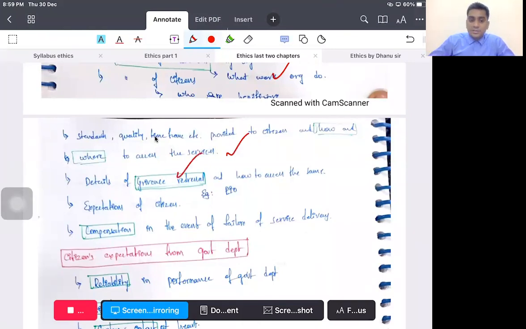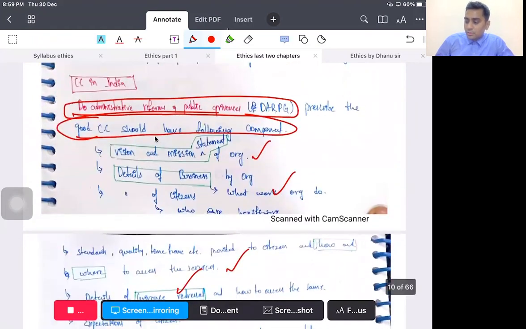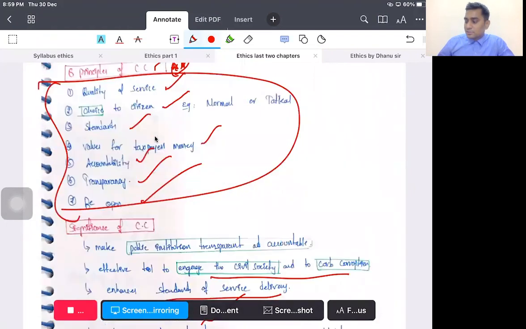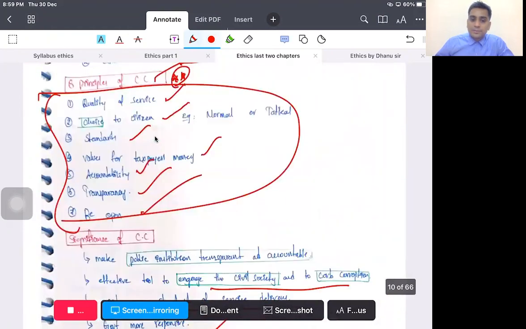Details of grievance redressal. Next, expectations of citizens, what they can expect, from where they can expect. Again, just those 5 points. If you include those 5 points, they are the recommendations of the Department of Administrative Reforms and Public Grievances. Just remember these 5 points. You can write again the same things here.